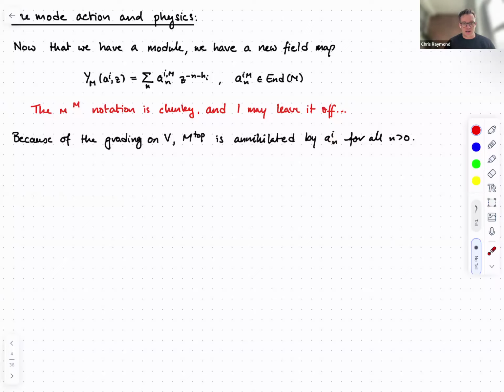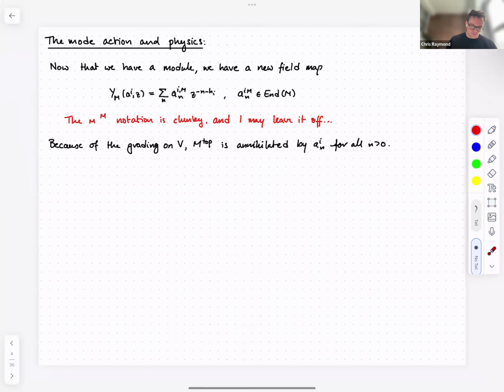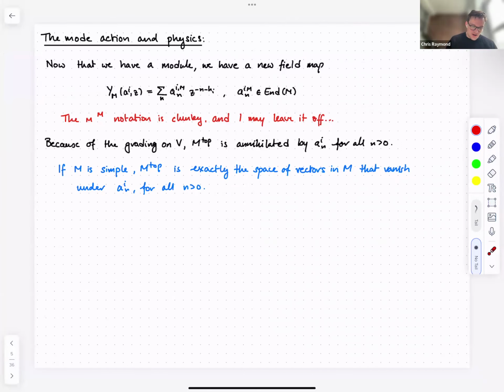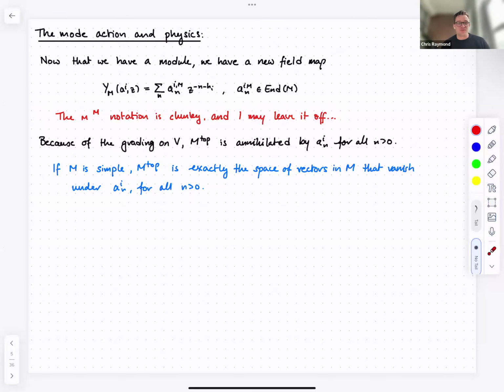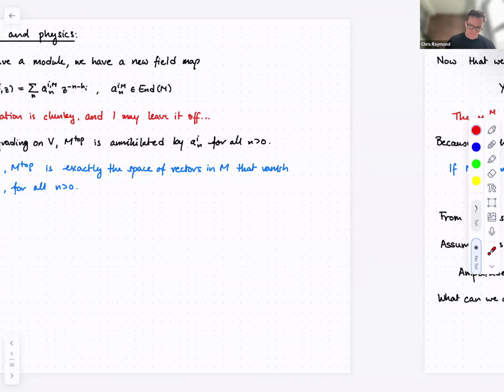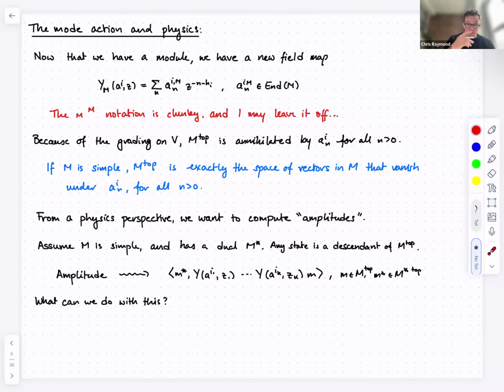This is just a natural consequence of the grading that I have. Indeed, I can go a little bit further. I know that if M is simple, if it doesn't have any singular vectors, because singular vectors should also satisfy some criteria like this, then M top is exactly the space of vectors in M that vanish under this particular action.